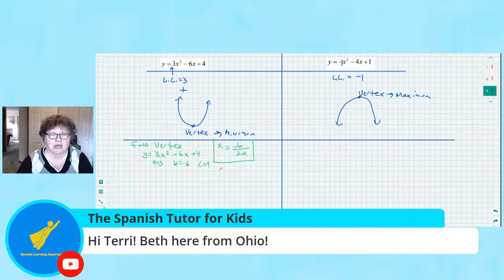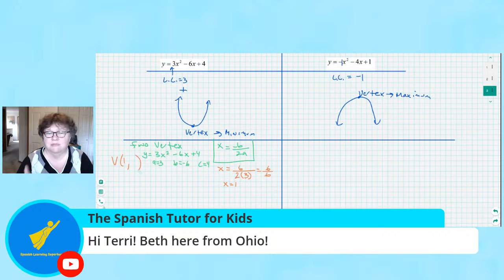Here I'm going to get x equals the opposite of b, which would be b's -6, so it's going to go positive 6, over 2 times my a, which is 3. Simplifying, this gives me 6 over 6, so x is 1. At least on my vertex, I know x is 1.